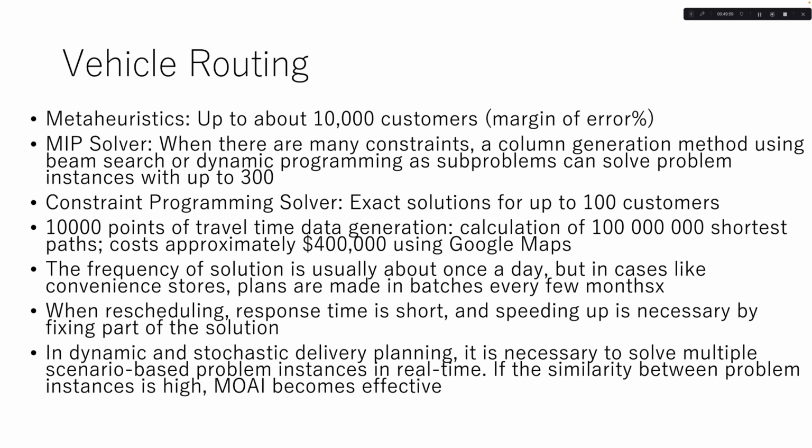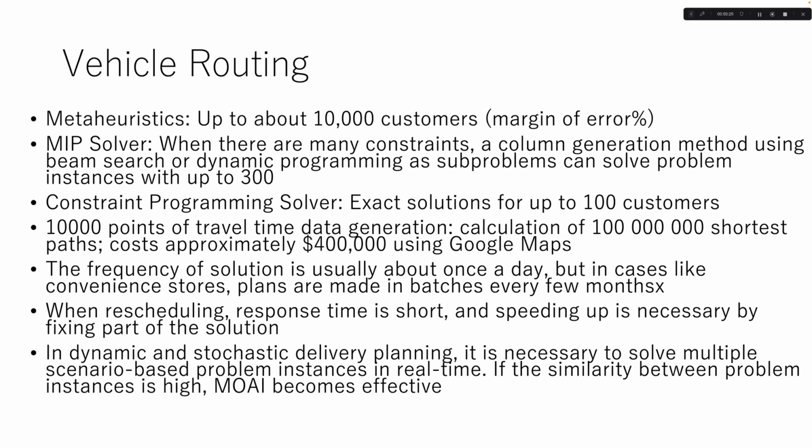When solving problem instances with around 10,000 customers, the bottleneck can be the generation of travel time data. Calculating the shortest paths for 10,000 squared, i.e., 100 million routes, costs approximately $400,000 using Google Maps. The frequency of solution is usually about once a day, but in cases like convenience stores, plans are made in batches every few months.